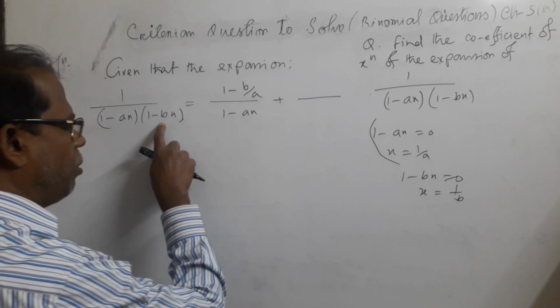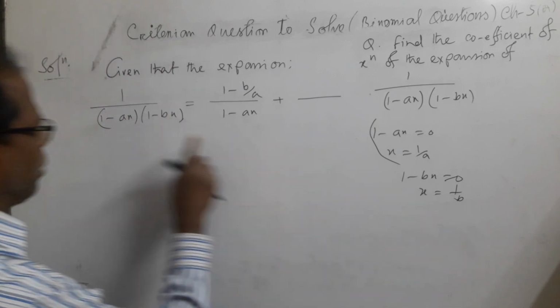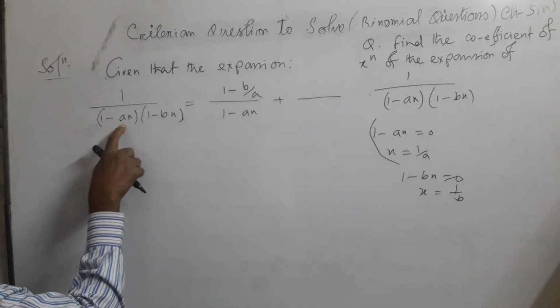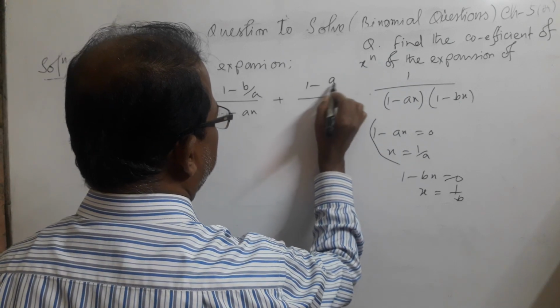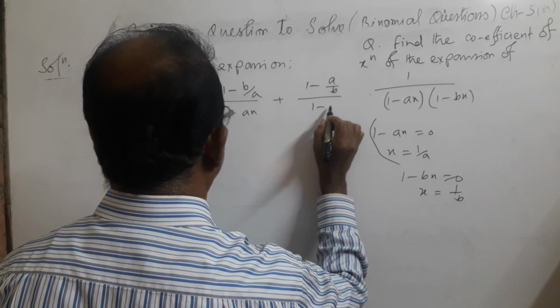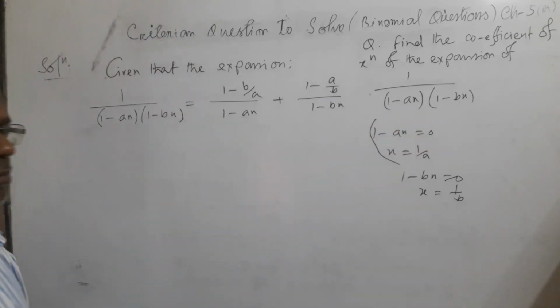These values are put into the other factors of the function: 1 minus b by a, and 1 minus a by b.